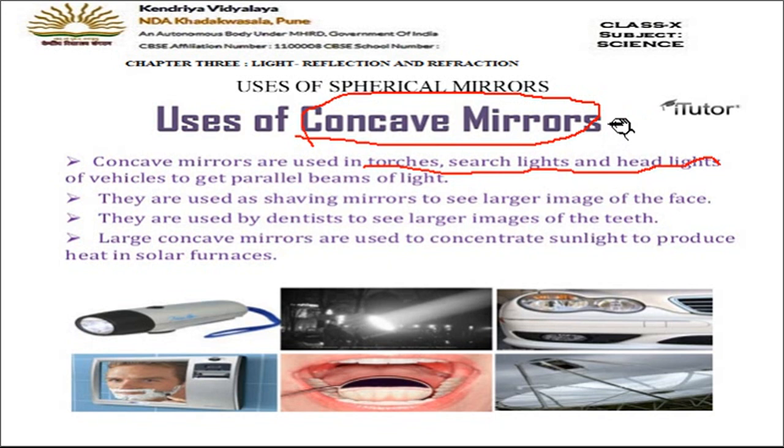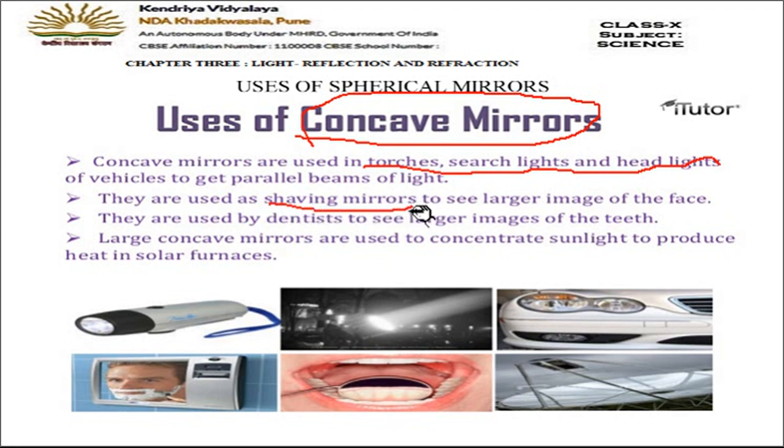It converges the light at a place, and that's why it helps in searching for objects. It focuses the light at one point, and that's why it is helpful in searchlights, torches and headlights of vehicles.